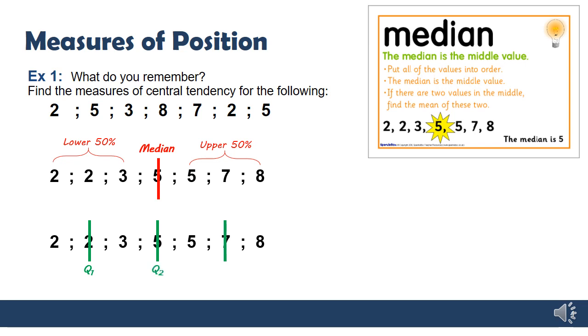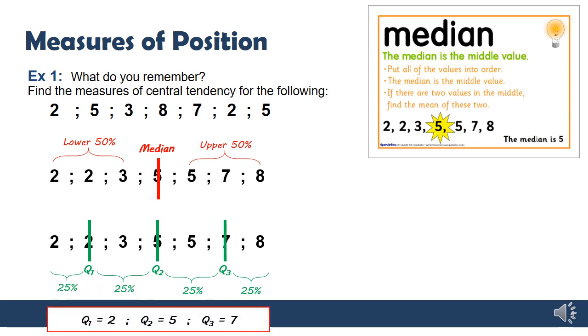Quartile 2, which is another word for the median, is 5. And quartile 3 is 7. Each of these breaks it up into 25% portions, meaning that we've broken it up into quarters. Now we can summarize all of these values. It's always good when you finish a problem to summarize the values at the bottom so they're all together.